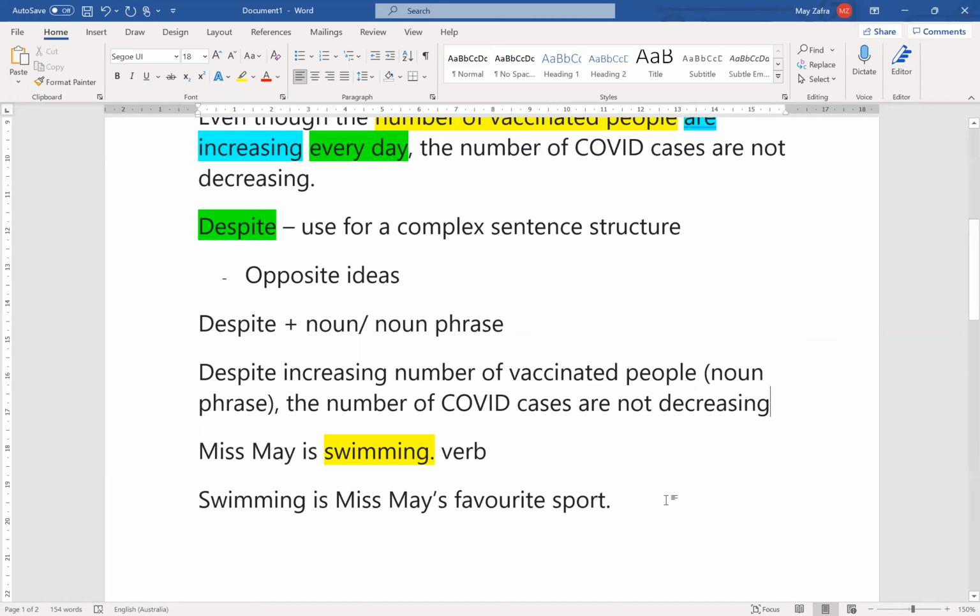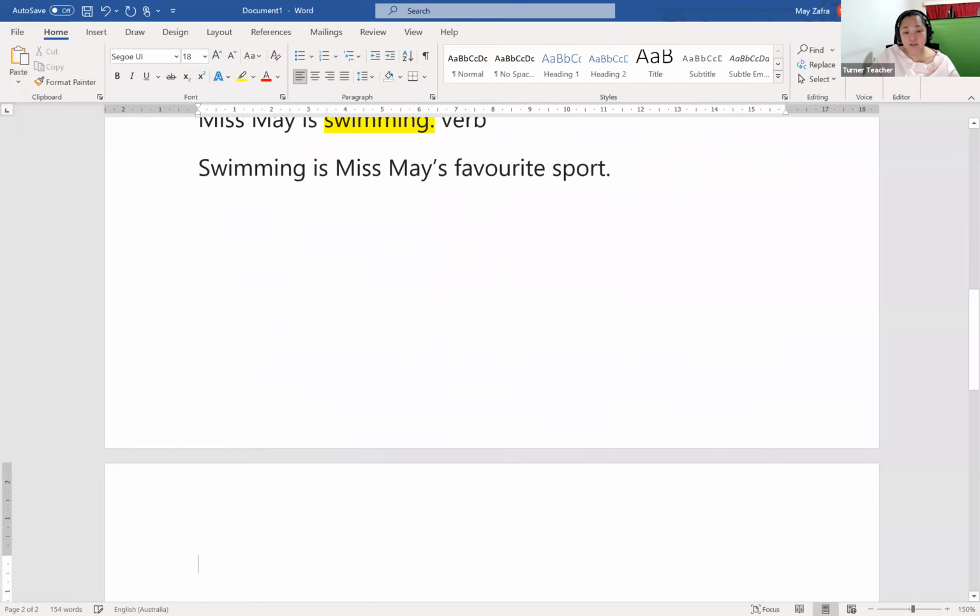Okay. So now let's start with in spite of. You will say, Miss May, what about in spite of? These are three separate words, not together. So in spite of is also the same.